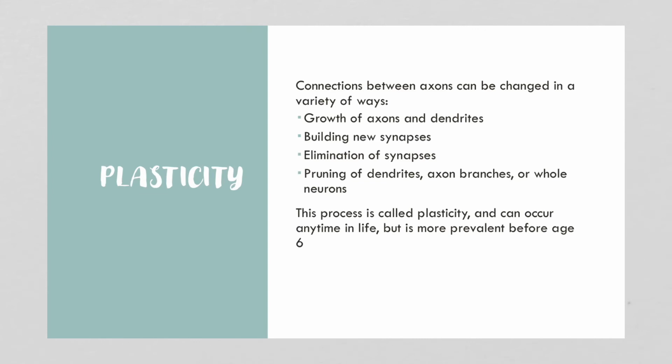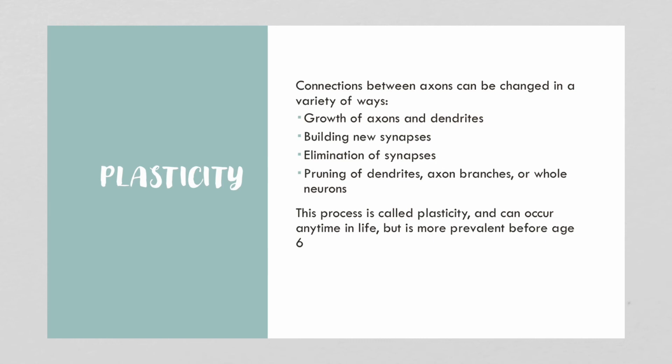The term plasticity talks about our ability to alter our connections between axons, and that can happen in a variety of ways. So during neural development, the growth of axons and dendrites, the building of new synapses, which can happen at any point, the elimination of synapses, which also can occur at any point in our life, and then the pruning of dendrites, axon branches, or whole neurons, that happens earlier in our development.